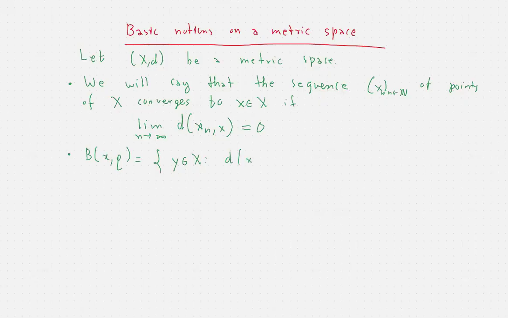This is called the open ball of radius rho centered at x. And of course, we have the closed ball.